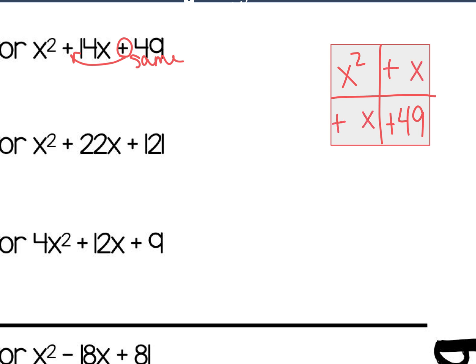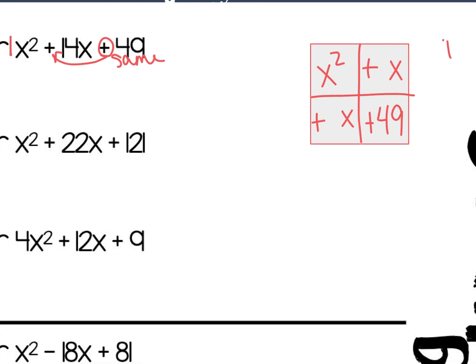So when we think about A times C, our A is 1, 1 times 49, and we list our factors of 49, we just get 1 and 49 and 7 and 7. So which of these will give me 14 when I add? 7 and 7.